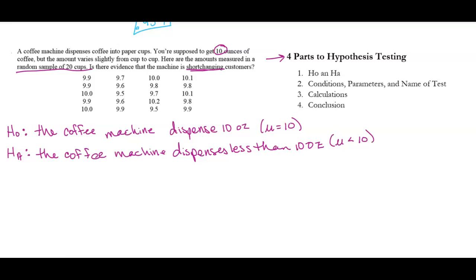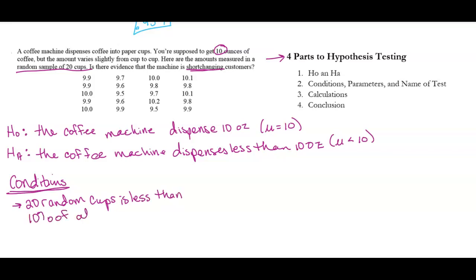Now what we need to do is check our conditions. Okay, and so we have 20 random cups, and I'm going to combine that with less than 10% of all cups of coffee.